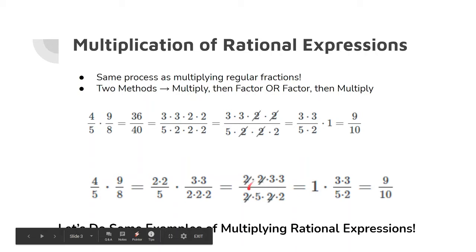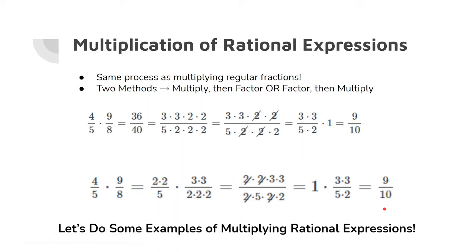So once you cancel out all the common factors, you get 1, and then it's 3 times 3 over 5 times 2, which is 9/10. So you have to realize that both of these methods have the same product. You have to decide which one you're going to do. In some cases, it's going to be easier to multiply and then simplify. But in others, it's going to make more sense to simplify the fractions before actually multiplying.